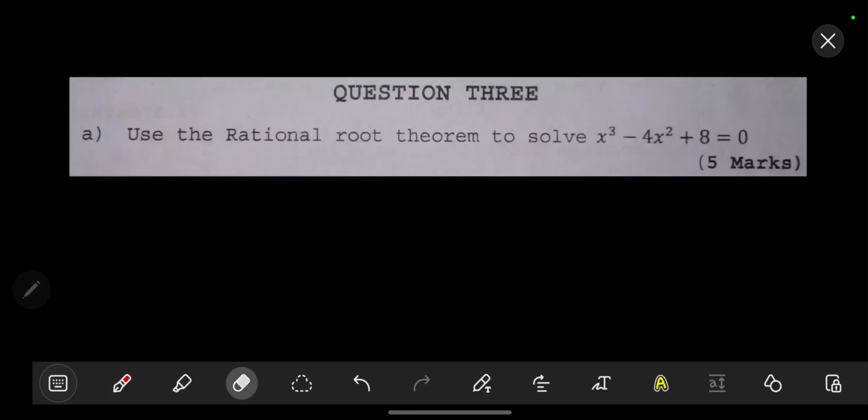This other one says use the rational root theorem to solve x to the power 3 minus 4x to the power 2 plus 8. So we are going to test a certain value.